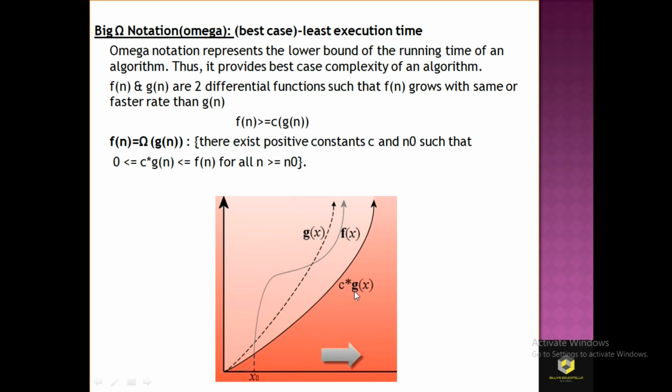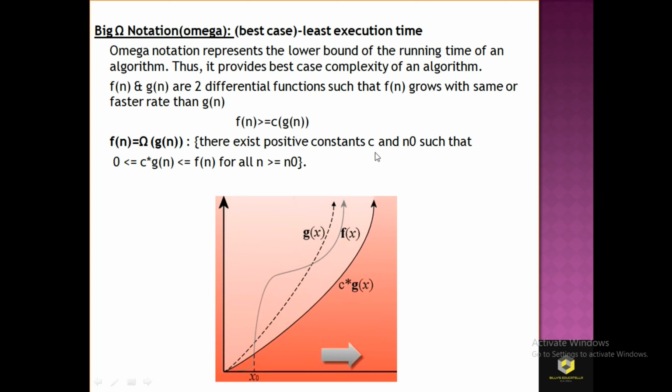So f of x and g of x are two different functions such that f of n grows with the same or faster rate than g of n. F of n grows with a faster rate. Here f of n must be greater than the value of g of n. So coming to the mathematical notation, f of n must be equal to big omega of g of n.